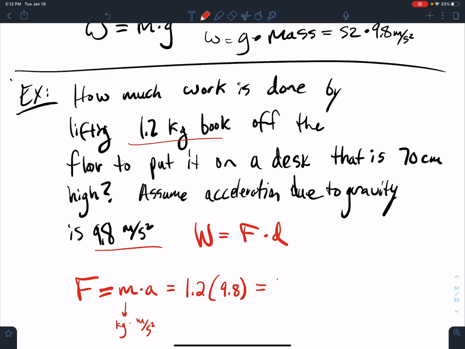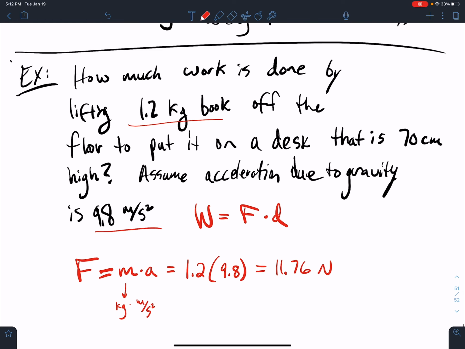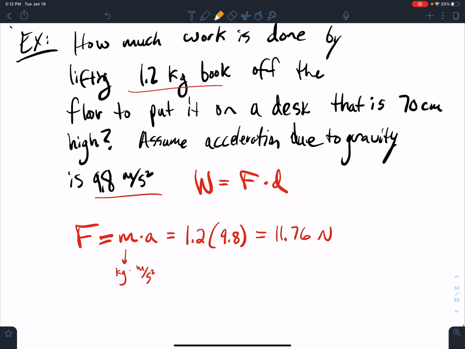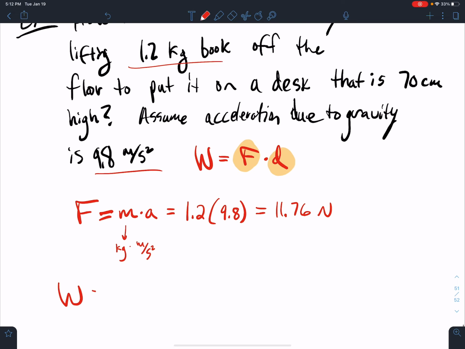It gets me 11.76 newtons. All right, that's my force. Now, what I need to get the work is I need to multiply by the distance. Okay, so work is equal to force, which is 11.76 newtons, times the distance.